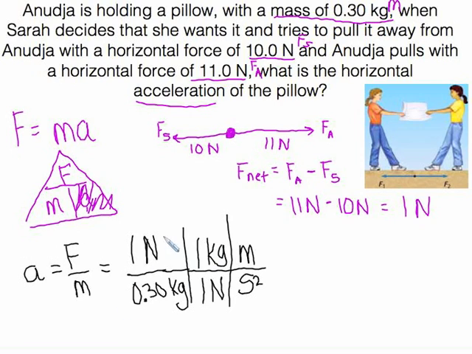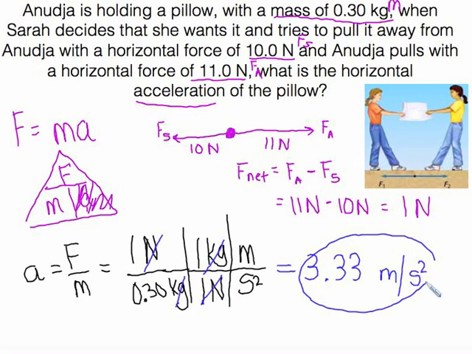And so what this is going to do is my newtons are going to cross out, my kilograms are going to cross out, and I'm going to be left with meters per second. And so I have 1 divided by 30, and that's going to give you 3.33 repeating, and you can just write 3.3 or 3.33 meters per second squared, and that is my answer.